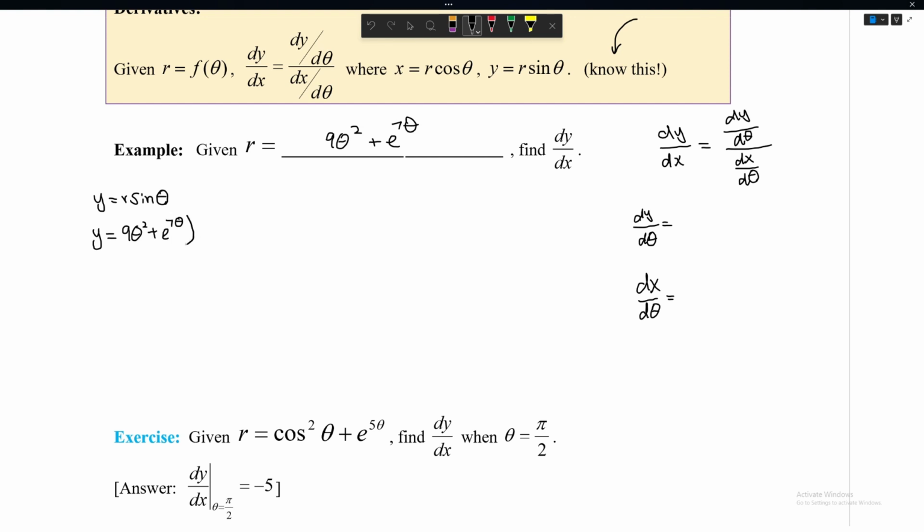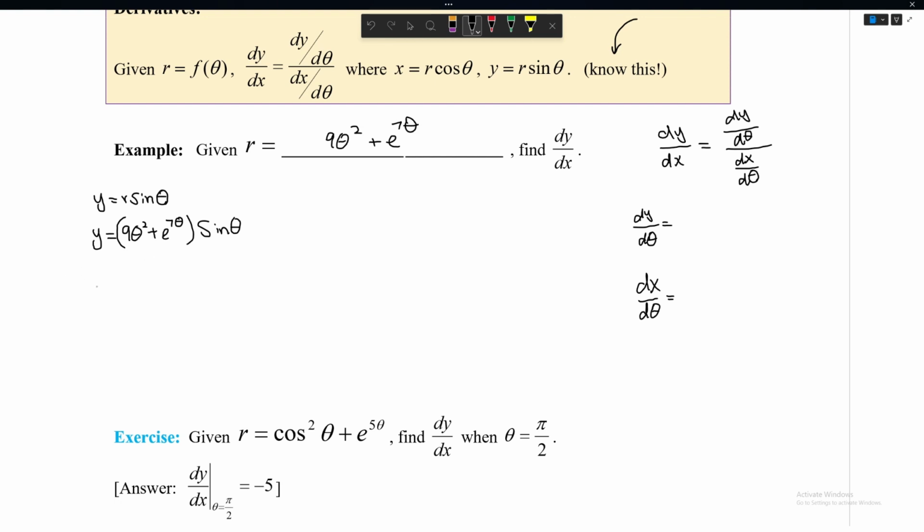This is our r, and now we have sine theta. Now, can I do dy over d theta here? Yes, this is y in terms of theta. And so how do I do this? You just derive this. I think I'm going to write it all into one at the same time to save space, because I don't have space here.